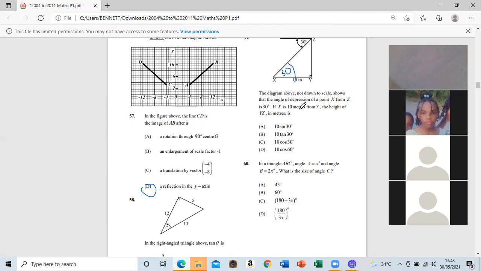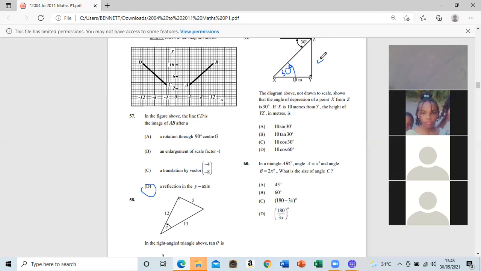If X is 10 meters, we need the height of YZ. So we look from this angle, so it's opposite over adjacent. You see that, guys? The trick to this is for every depression, you have the elevation. Once we can identify this, we're good enough.